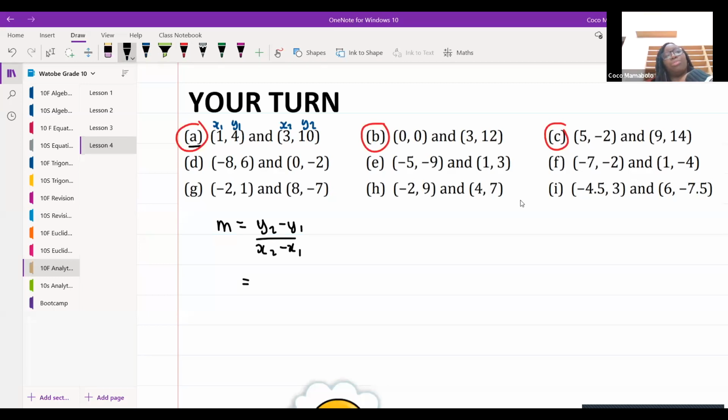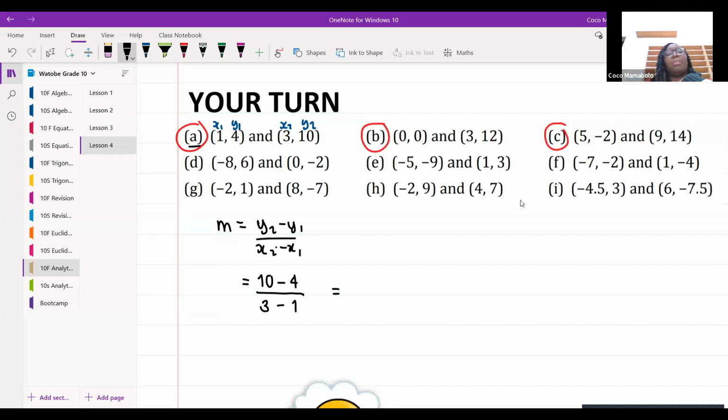All right, so my formula says I must take y2. What is my value for y2? 10. Good. So I'm going to write 10 there. Minus, what is my value for y1? 4. So I'm going to get 10 minus 4, over, now I need my x2 value. What is my x2 value? 3. 3 minus what? Minus 1. Good.